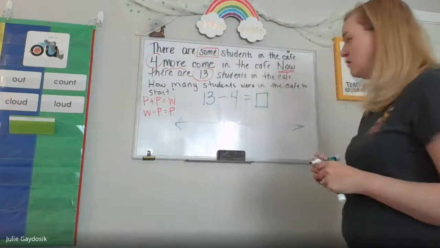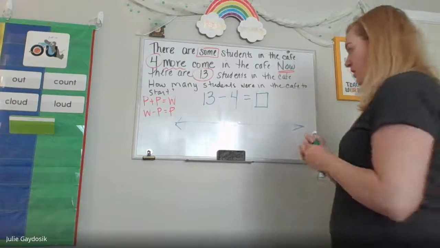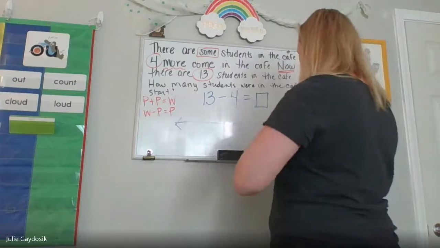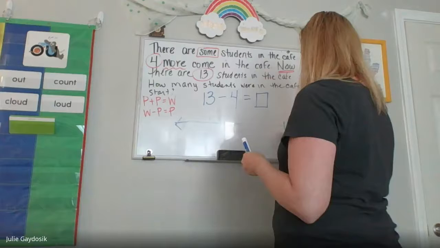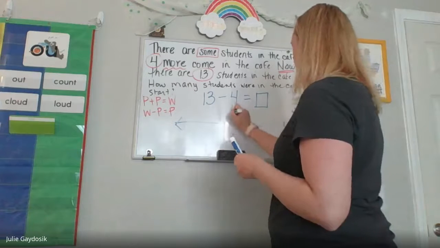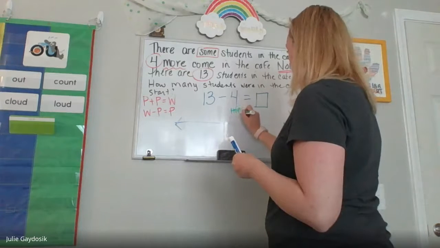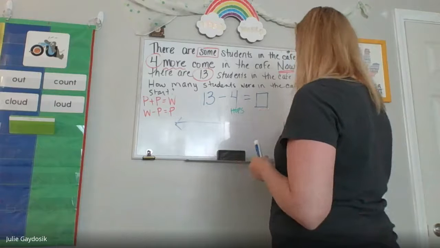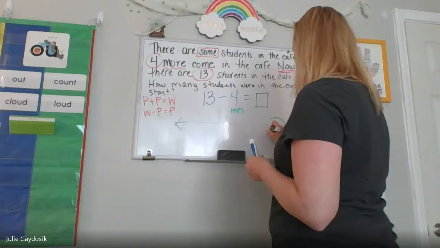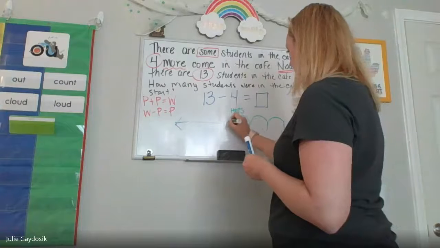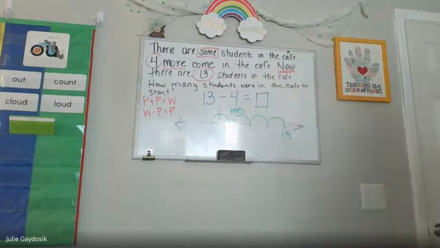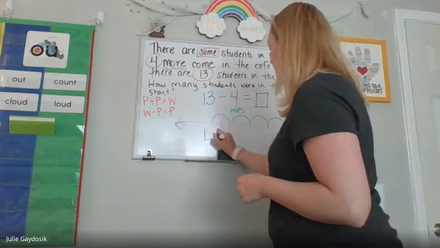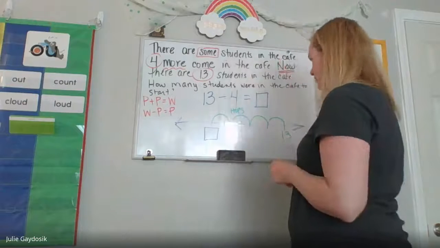Okay? I could start here at 13. This is where I'm going to start. These are how many hops I'm going to do, and this is where I'm going to end up. So I'm going to do 1, 2, 3, 4, and then I'm going to count back until I get to this number here, and that's my unknown.